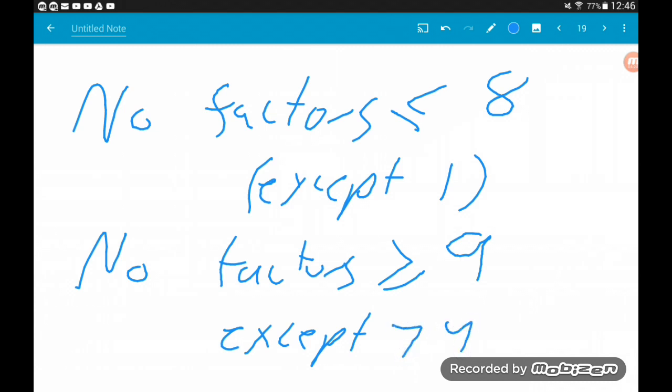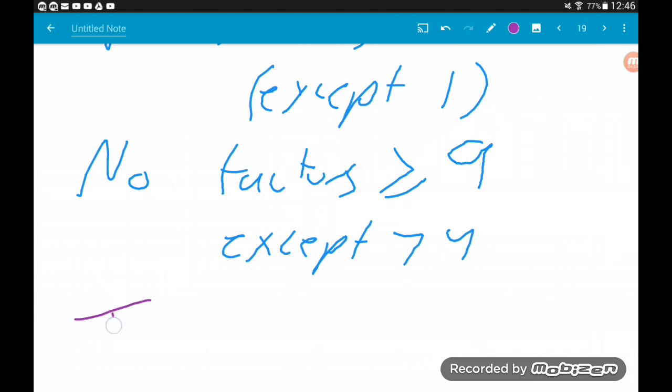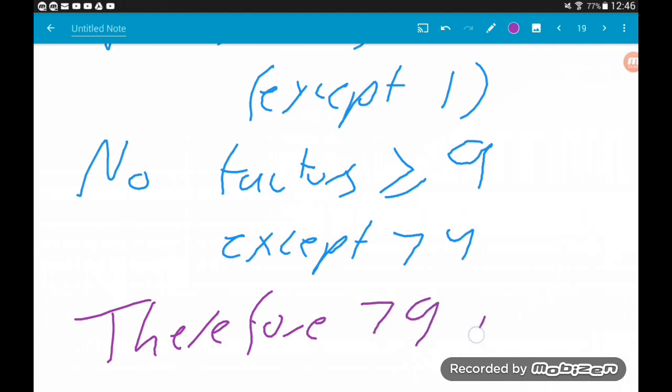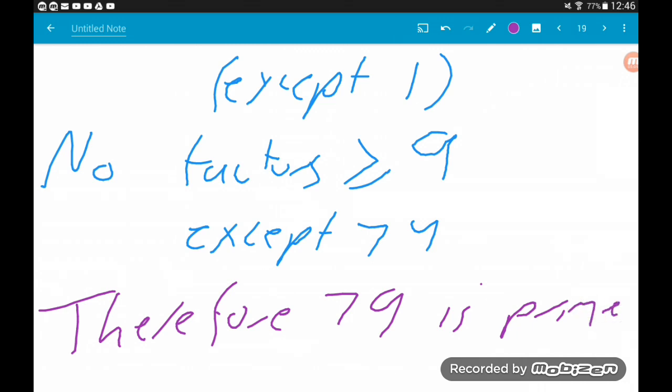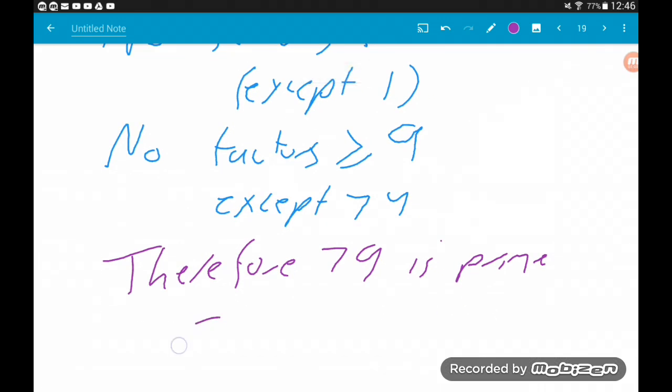Okay, if there was a factor less than or equal to 8 other than 1, then to balance that out, there would have to be a factor greater than or equal to 9, but there isn't one less than or equal to 8, so there are no factors greater than or equal to 9, so we've actually proven it. Therefore, 79 is prime. So, we've proven it. We can make a cheeky little QED. Let's put a smiley face here.